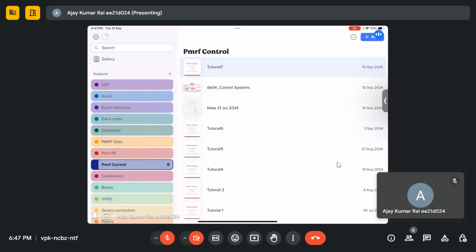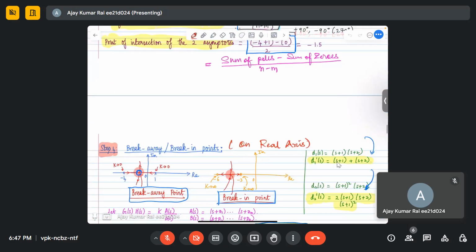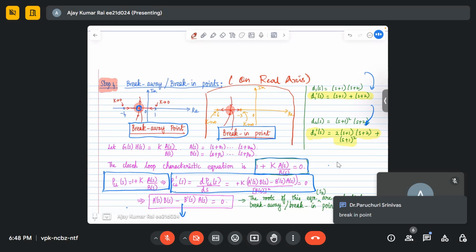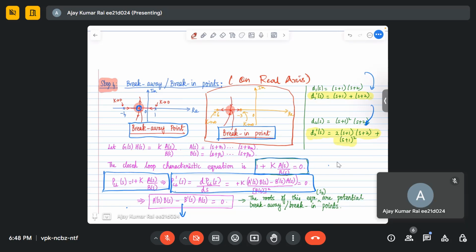So you see the definition of breakaway and break-in point. From the complex plane to the real axis, root locus are coming, right?